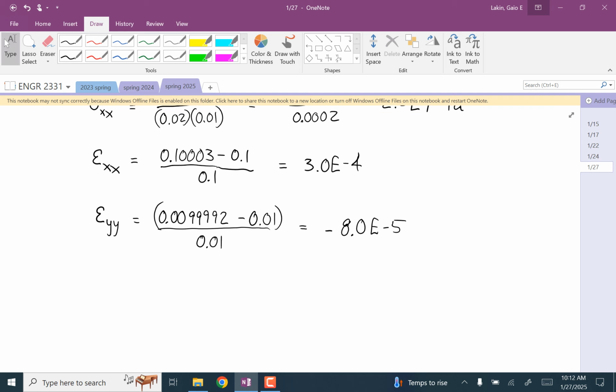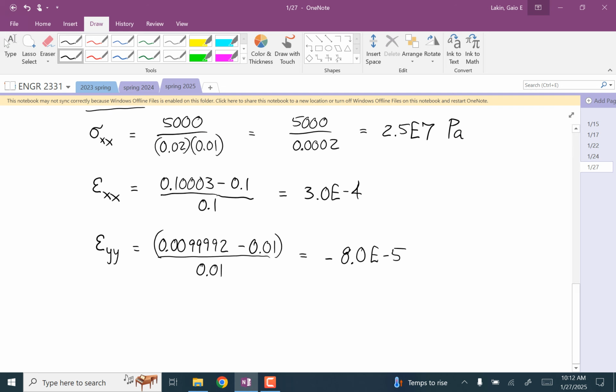All right, and so now we can use the formulas to calculate E. E is equal to the XX stress divided by the XX strain. So that's 2.5 times 10 to the 7 pascals divided by 3.0 times 10 to the minus 4.